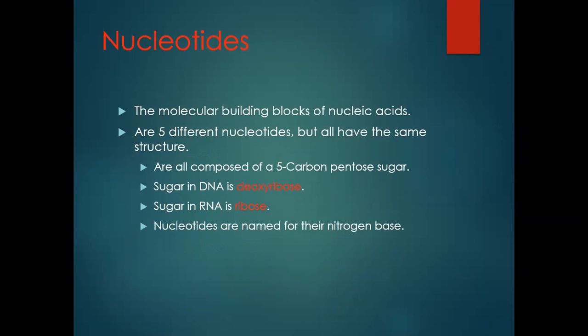Nucleotides are the building blocks that make up our DNA. So the sugar in DNA is deoxyribose. The sugar in RNA is ribose. We'll talk about these nucleotides. We've got adenine, thymine, cytosine, and guanine. So there's 4.